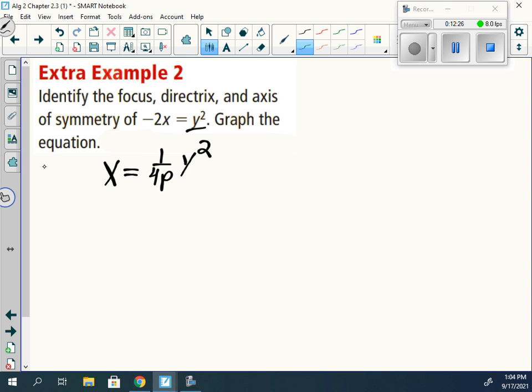Now for the focus, directrix, and axis of symmetry, what are we really missing from all three of those? The value of p in all of them, yes? Because if I had the value of p, I can actually finish out the focus, directrix, and axis of symmetry. So to really find the value of p, we need to take our -2x equals y squared and rewrite it so that we have the x by itself.